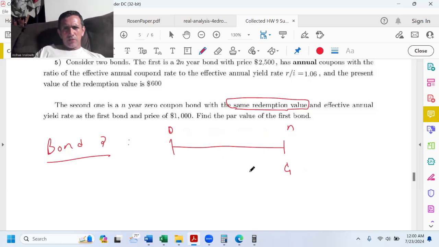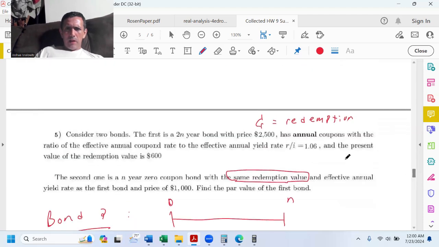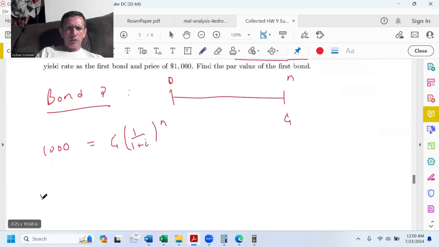Okay, and so price 1,000 is C times 1 over 1 plus I to the N. Now the present value of redemption for bond 1 is 600.